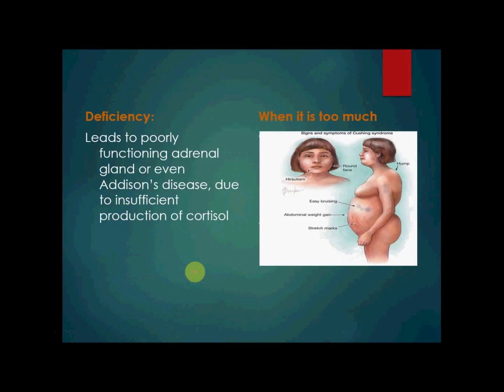Now, if we have deficiency in ACTH or deficiency in cortisol, it will lead to Addison's disease. Now, Addison's disease is not a very common disease, but it's very well known in lots of endocrinology books, and from this book that we have taken this source from.